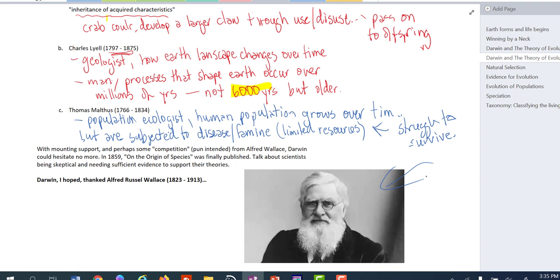I think Darwin got to the point where he wanted to present his information before somebody else jumped the gun and got the credit for it. So it spurred him on to publishing his book on the origin of species in 1859. And I think hopefully Darwin acknowledged Wallace for that inspiration and the support through the similar kind of work and ideas that he was showing.